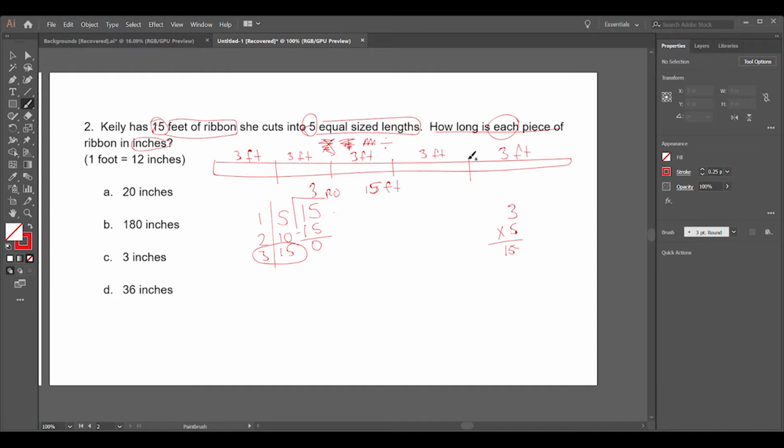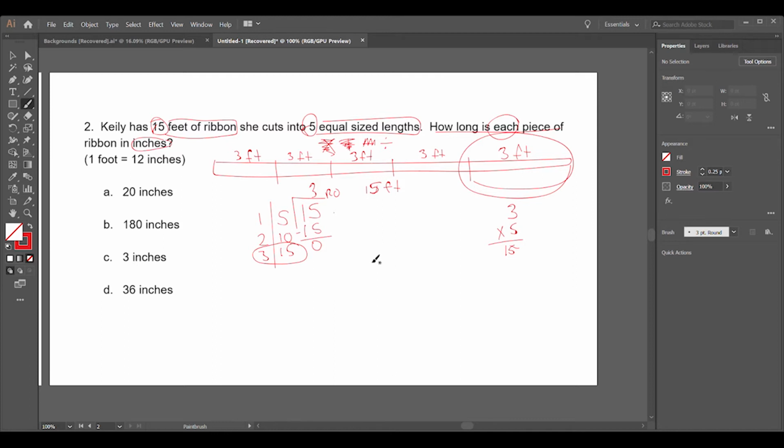All we've done is cut our ribbon into 5 pieces, and each one of them is 3 feet, not inches. So we need to find out how many inches are in each piece. Each means 1, so we need to find out how many inches are in this one piece.